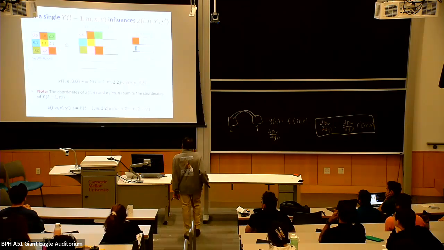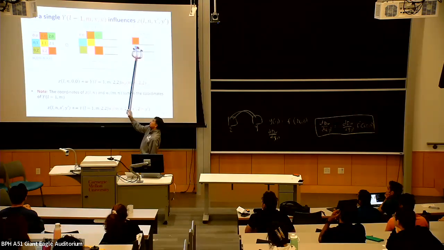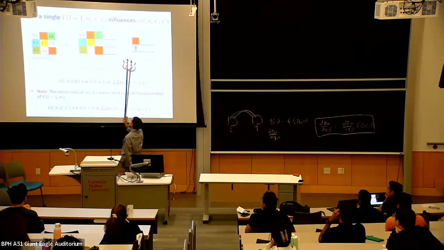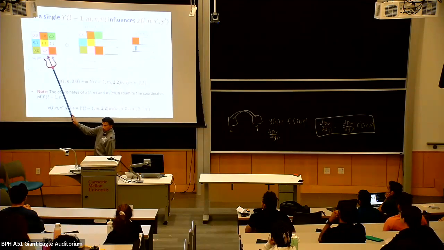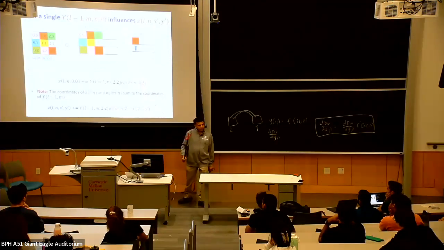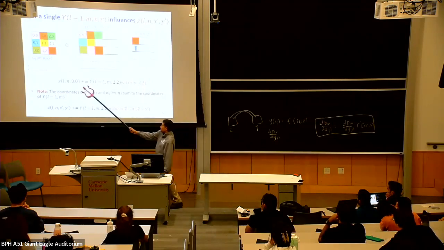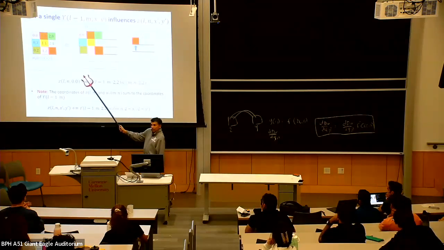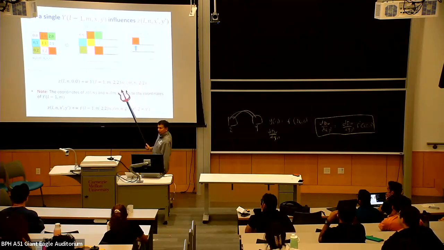What is the contribution of y22 to z00? z00 is going to be w22 times y22, as you can see. So here's the equation: z00 plus equals, because obviously there are other terms contributing, y22 times w22.